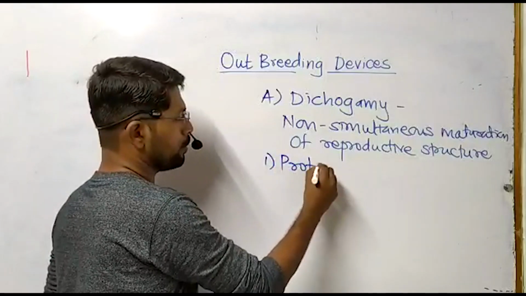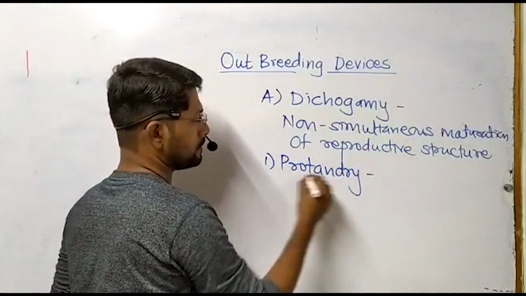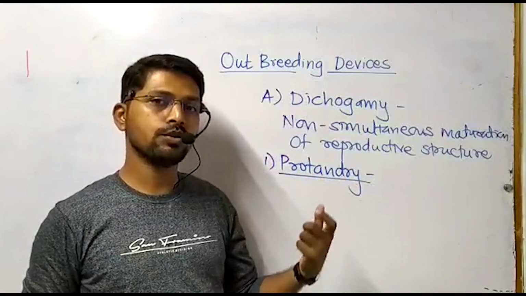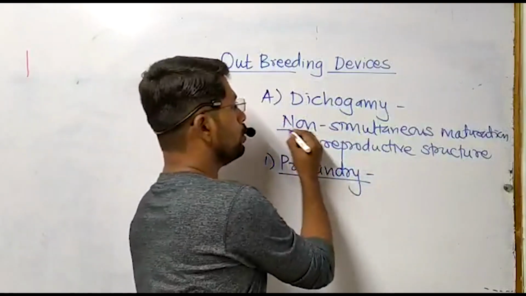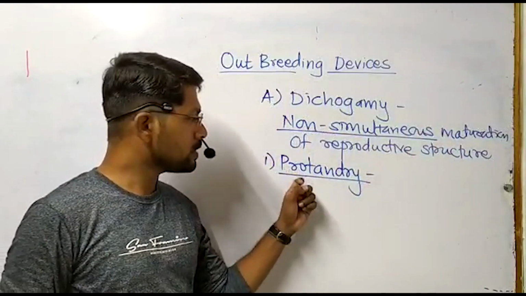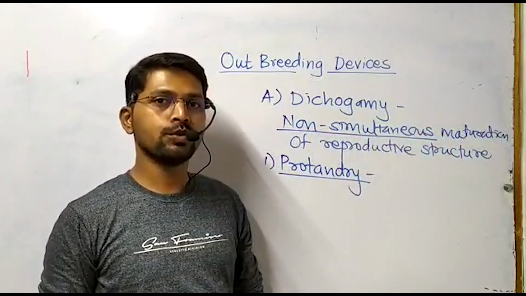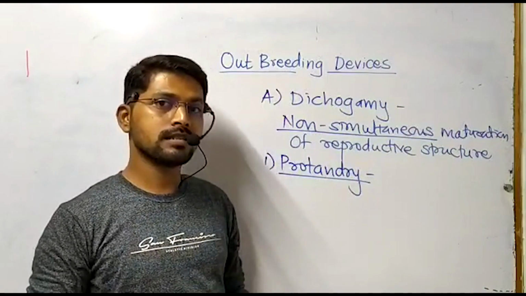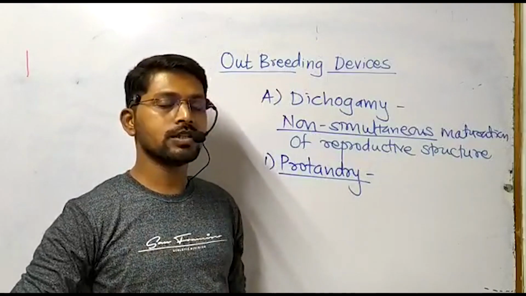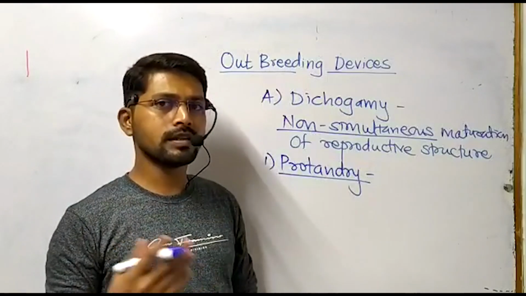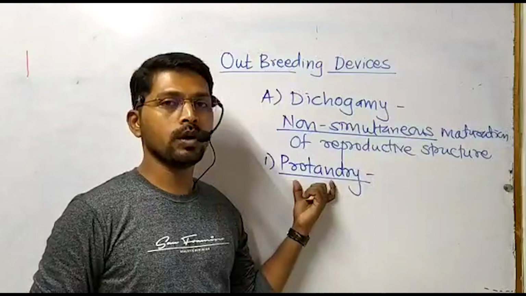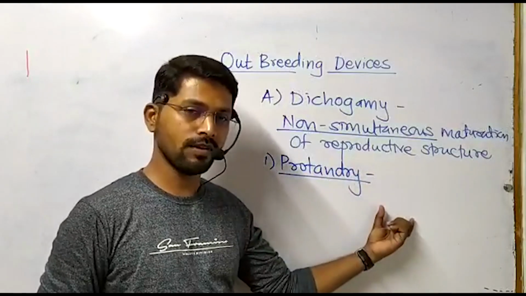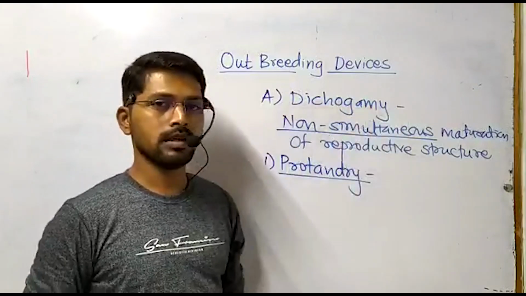One is called protandry. The name itself indicates which structure is going to mature first, because the maturation is non-simultaneous. In such cases, the androecium matures first, the anthers mature first and release their pollen, and the stigma or carpel will mature later on after some duration, and therefore pollen of the same flower will not germinate on the stigma of the same flower, and in this way dichogamy is achieved.